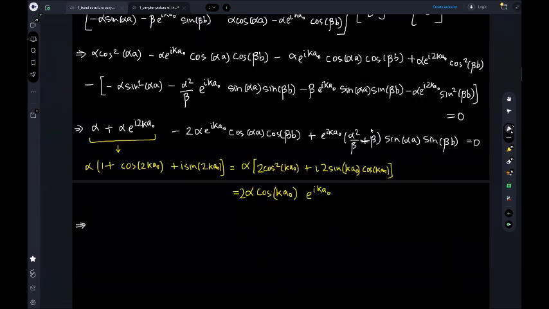So now we have this equation here, and I've actually simplified this term and written it in yellow here. I'm going to rewrite this equation.